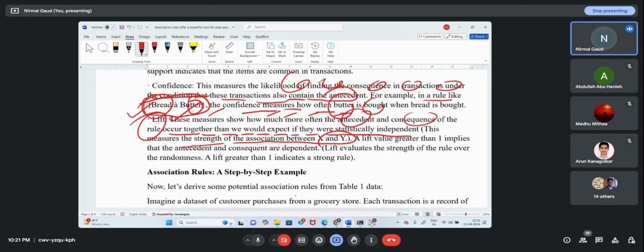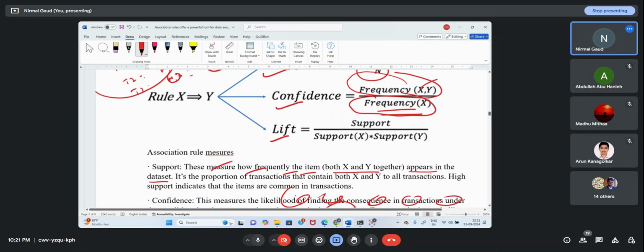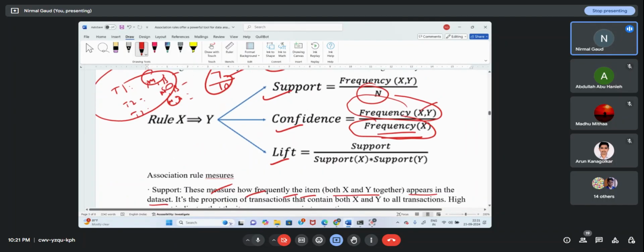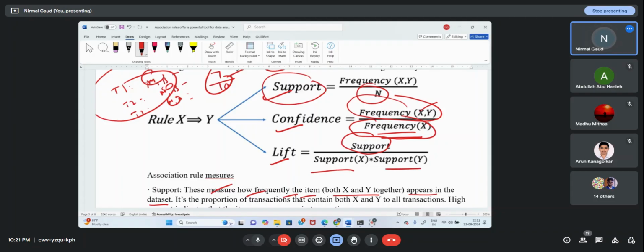I'm talking about the exact association, the exact relationship between these two. So the formula is support, that's what we have already calculated, divided by support of x and support of y. Support of x means frequency of x. Support of y means frequency of y.